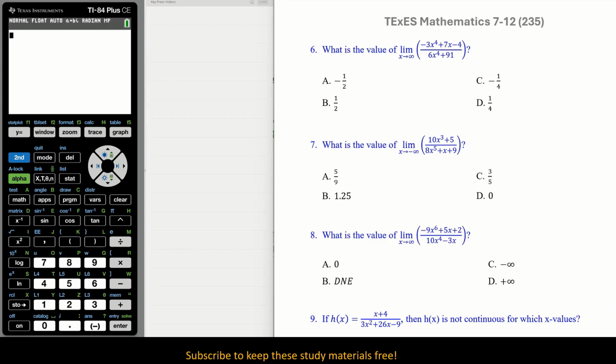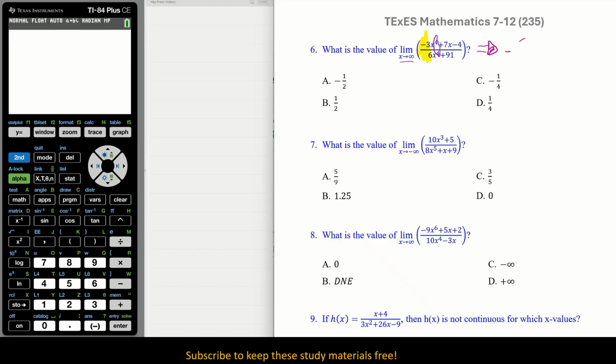Okay, number 6. What is the value of the limit as x goes to infinity? They give you your rational function. We've noticed that our degrees are equal, n and m are equal. So in this case, we can take these two leading coefficients and bring them out.